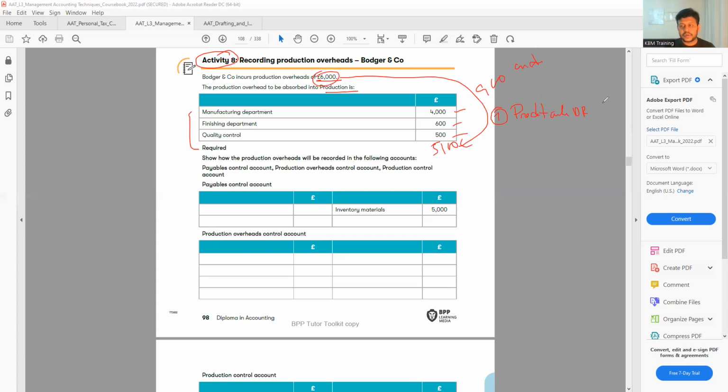So you're going to charge 6,000. And the payable account will be credit. Remember that payable is always credit. So the production overhead control account, or the payable control account, will be credit 6,000.